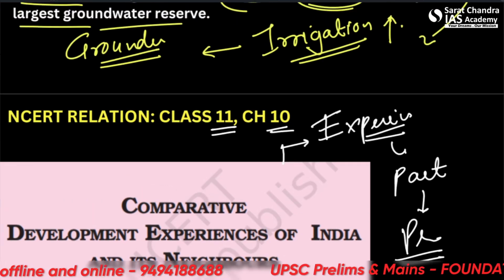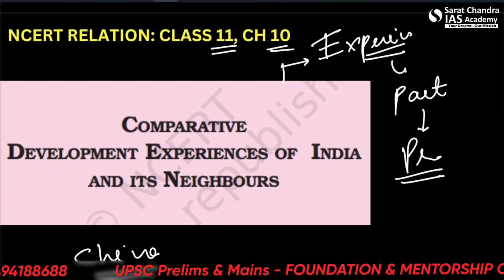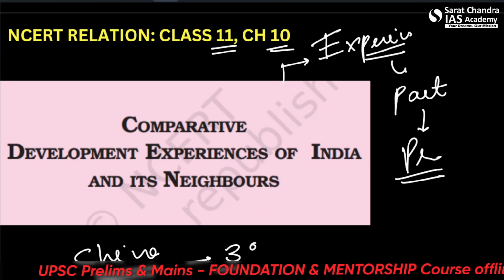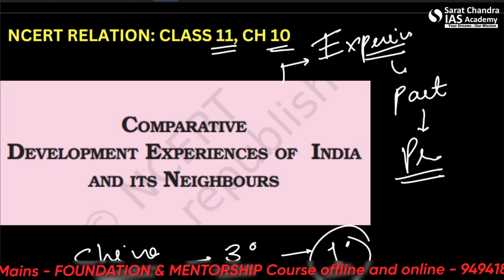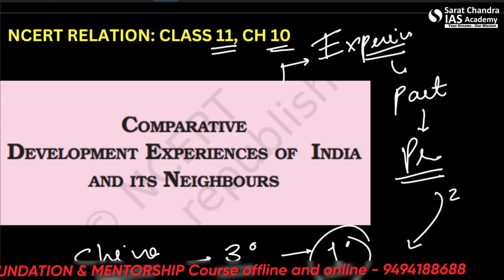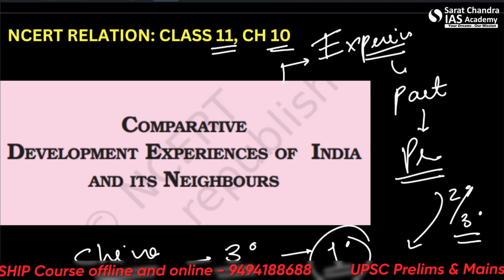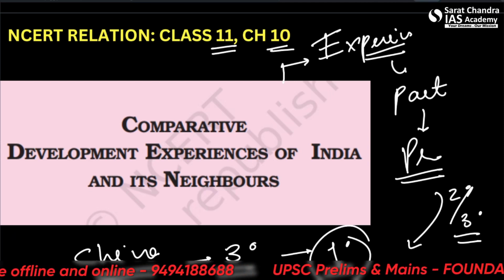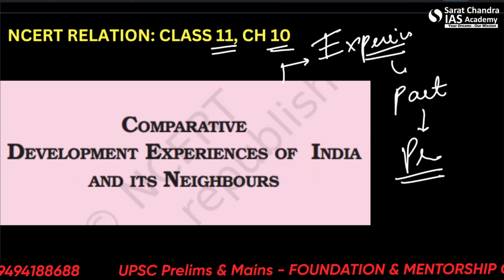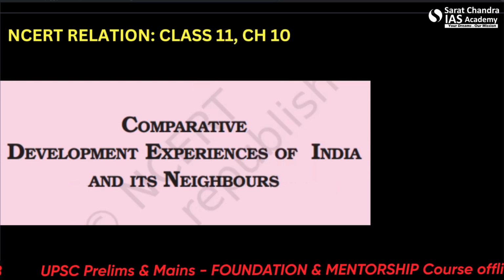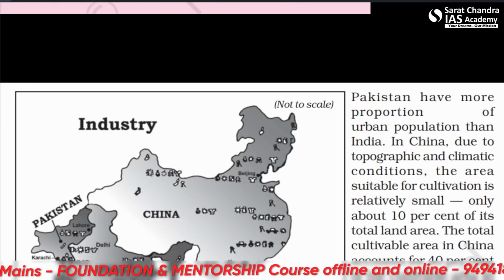So China is a well-known tertiary sector economy now, but it started from the agrarian era. And same is with India, a secondary and tertiary sector economy now. It started with the agrarian era. So let's see what were the experiences here and what was the difference here.